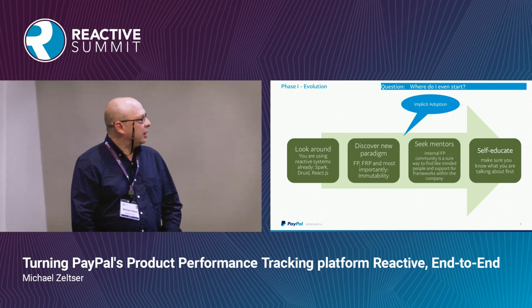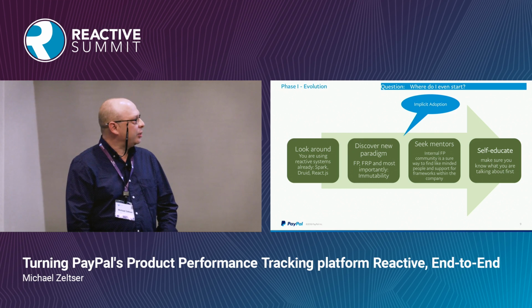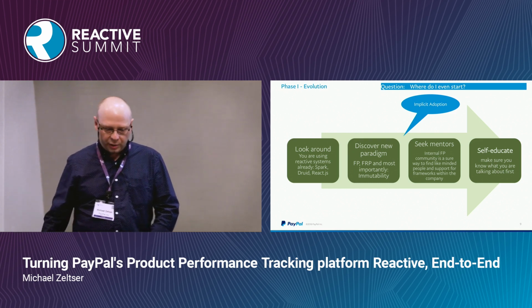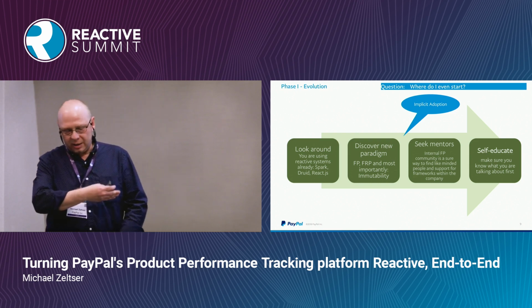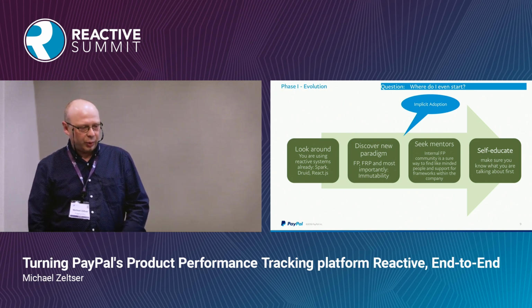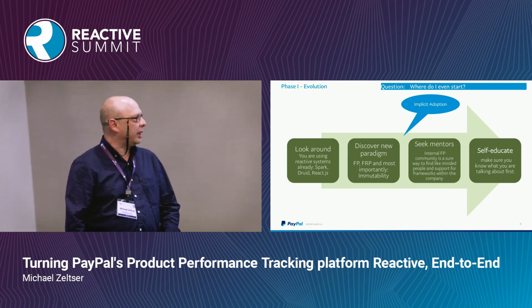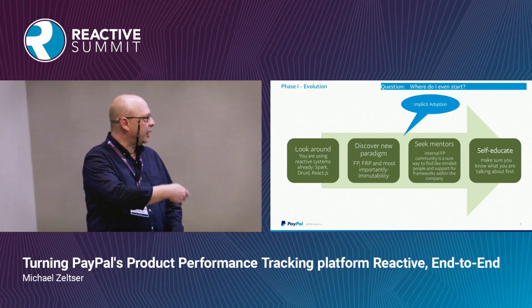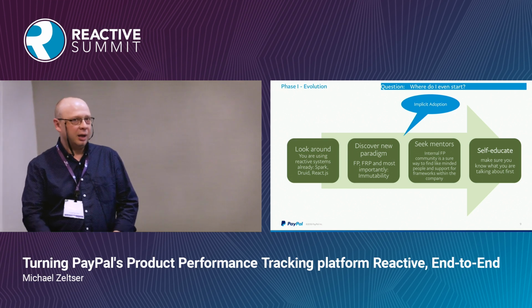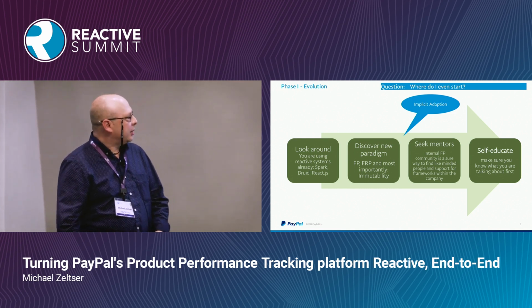What I advise is to look around. You probably will find reactive systems already in your enterprise or in your company. These days, the best breed of products are usually reactive systems, like Spark for sure, React, Druid, maybe Kafka, kind of, and so on.